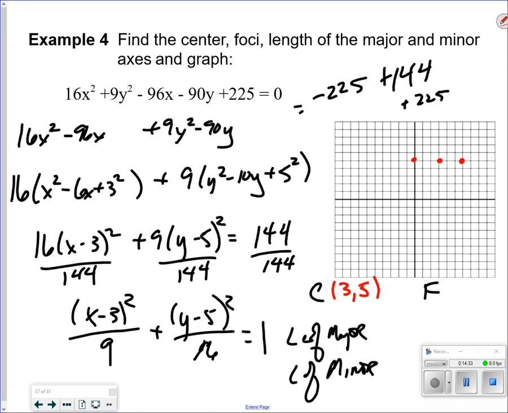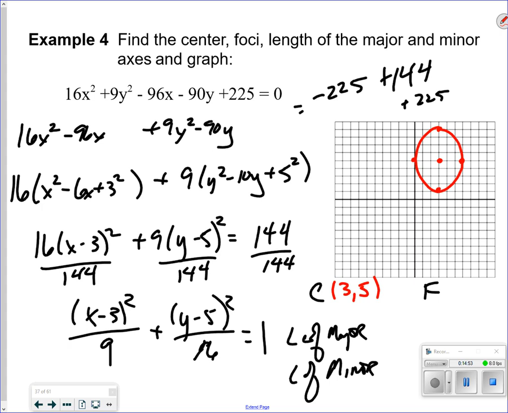Under the y is a 16, so I'm going to go up and down 4. That doesn't always have to be a perfect square. I know a lot of the examples that I've done so far it is. If it is a square root of a number, just like you did with the radius of a circle.